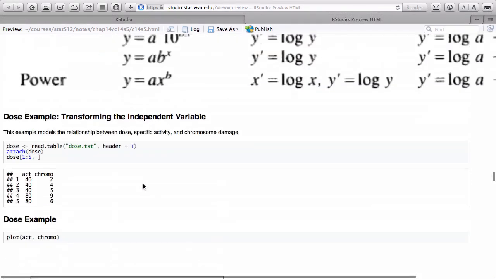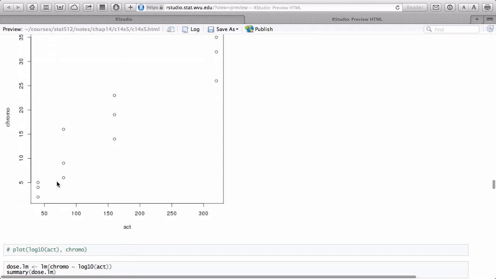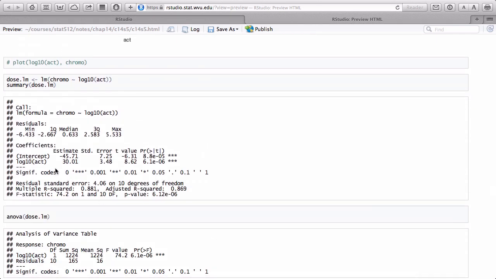Now it's very possible I didn't actually fit the model without transforming, but if you fit a straight line through that, it's not going to be terrible. But this might be slightly better. So I'm fitting the log base 10 of ACT, and I can see that it's highly significant.